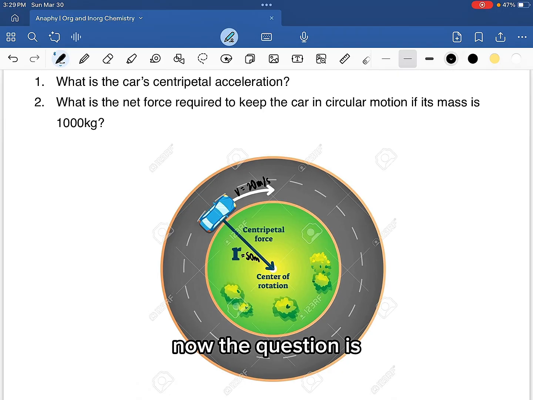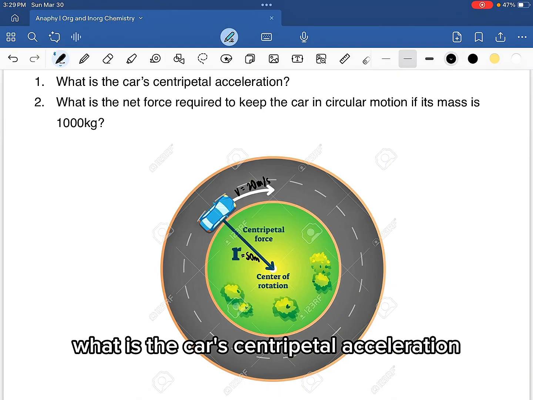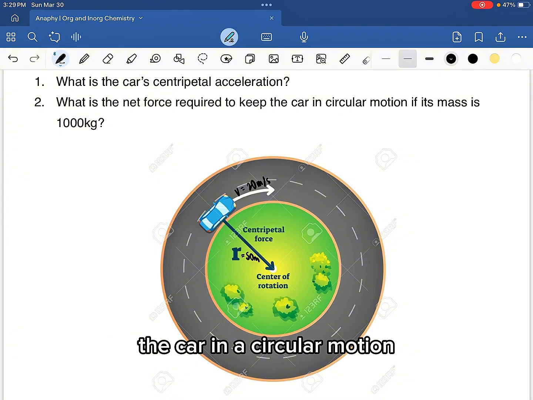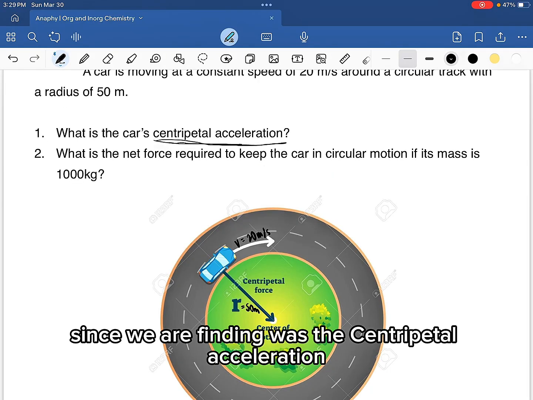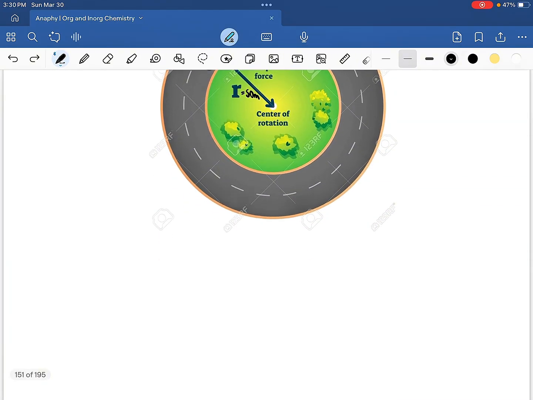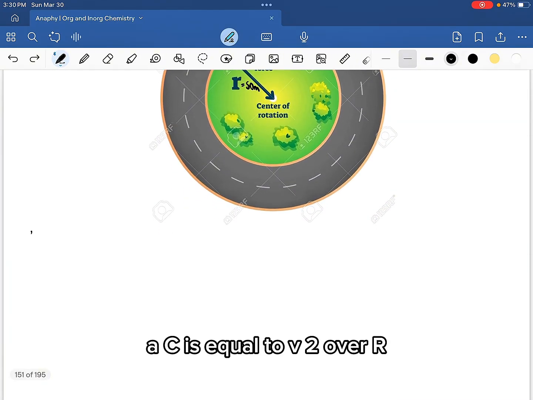Now, the question is, what is the car's centripetal acceleration and what is the net force required to keep the car in a circular motion if its mass is 1,000 kilograms? First things first, since we are finding the centripetal acceleration, we can use the formula a_c is equal to v squared over r.